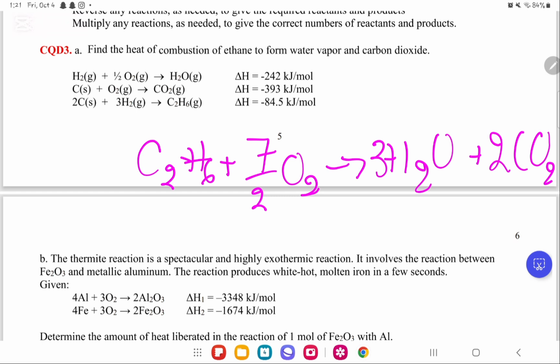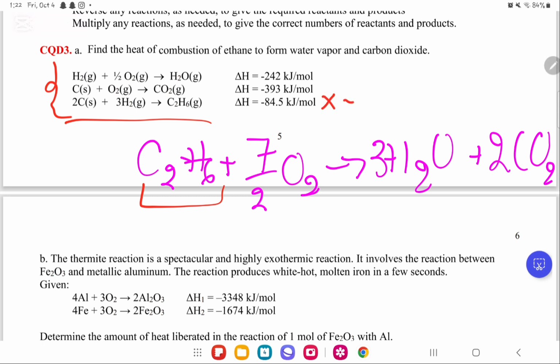Here's where I need you guys to focus very, very well. We have C2H6. We have it in the reactant side. Now we look at these equations. Which equation has C2H6? The last equation. Now, is it in the reactant side or in the product side? It's in the product side, unlike what we need, the C2H6 to be in the reactants. So how do we change it? We multiply it by negative, or we reverse it.